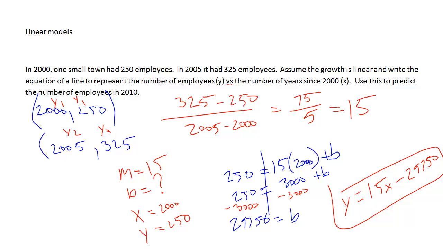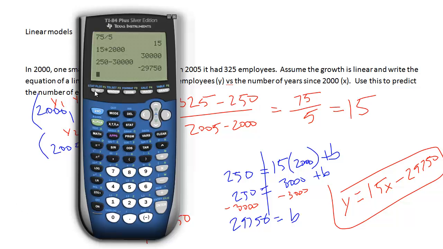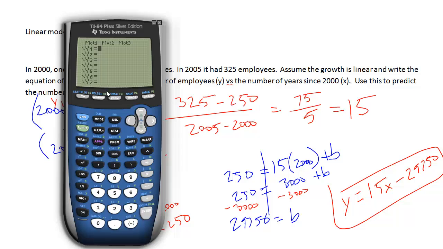And if we look at that in the calculator, now it's not going to show up on the standard viewing window because it's only -10 to 10.